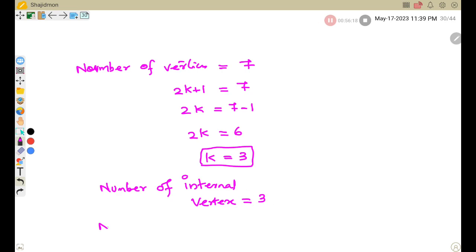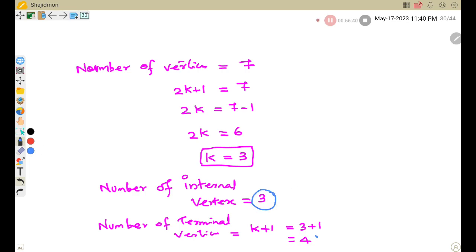So we can calculate number of terminal vertices. What is the rule actually? Number of terminal vertices is k plus 1, so 3 plus 1, that is 4. So in this graph we have 3 internal vertices, 4 terminal vertices, totally 7 vertices.